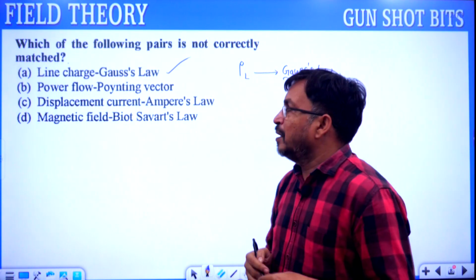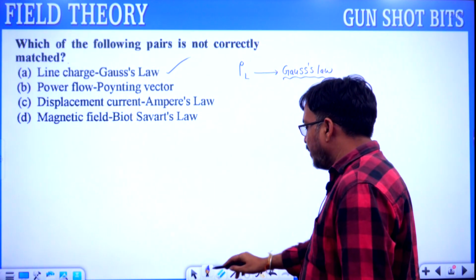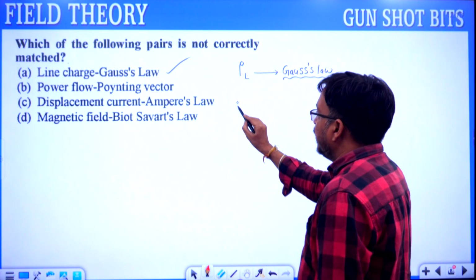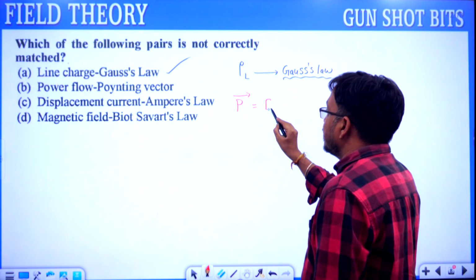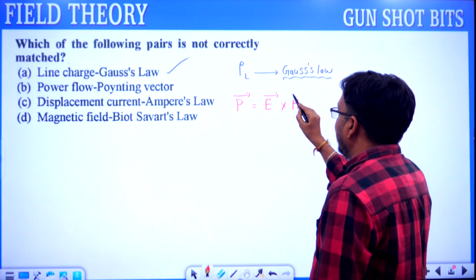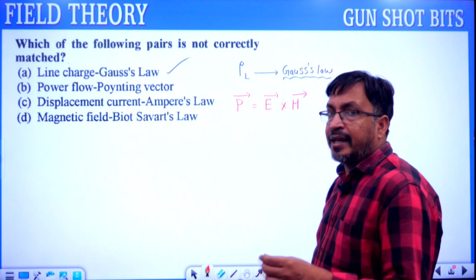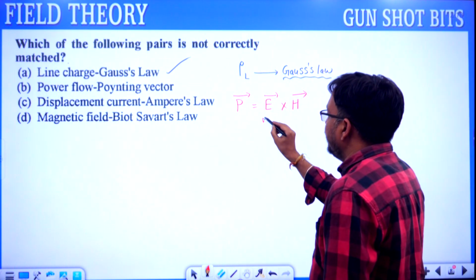Option B is power flow and Poynting vector. Yes. Poynting vector P, the power density, is E cross H. What is E here? Electric field intensity. H is magnetic field intensity. What are the units of E? Volts per meter.